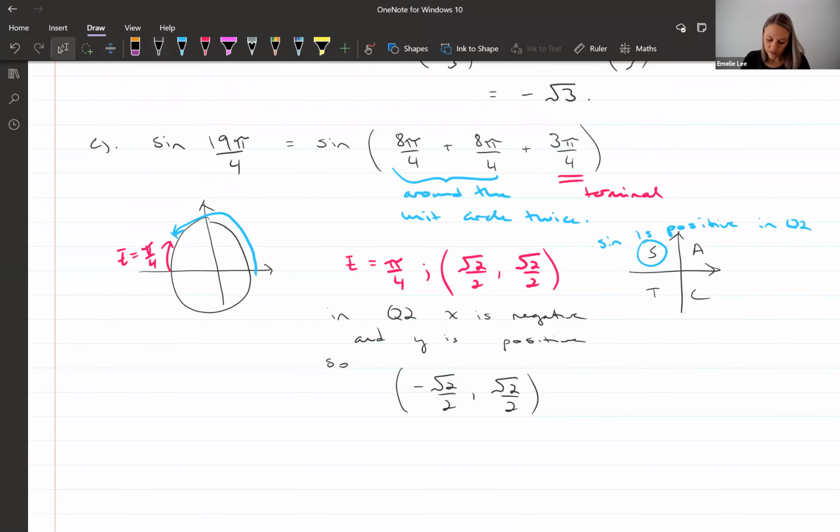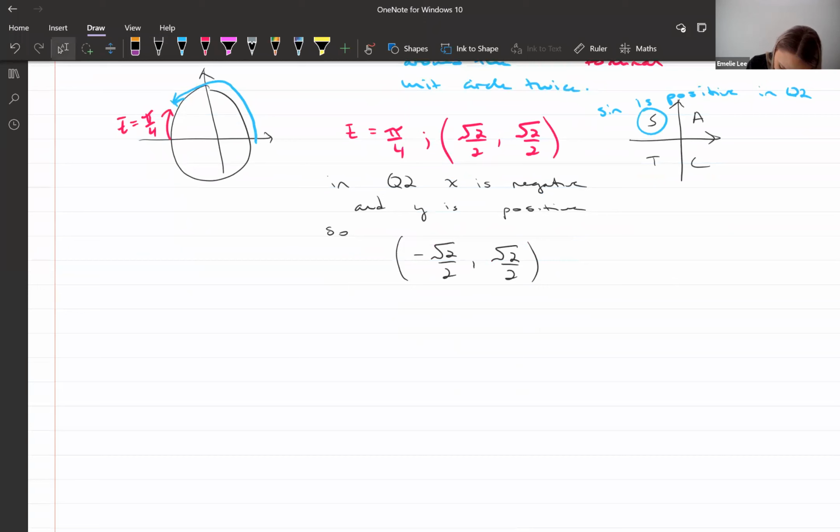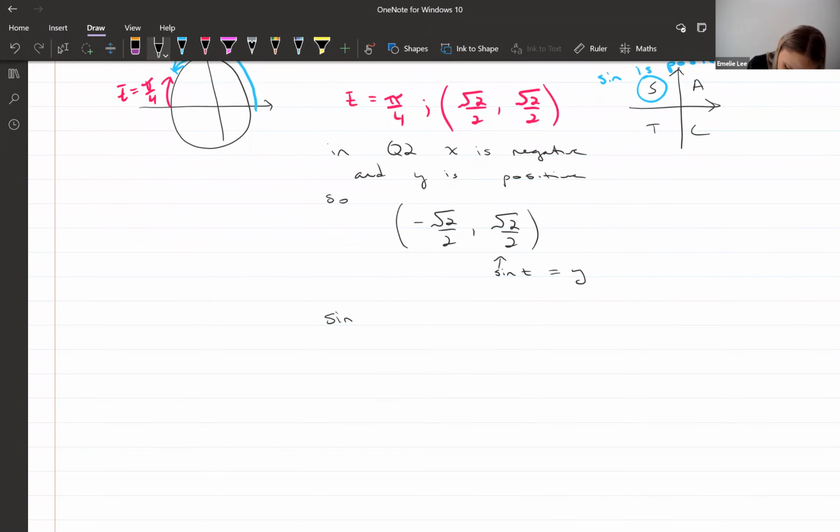So if I'm talking about the sine, sine is the y, right? Sine t is y, right? So what we're saying is that sine of 19 pi over 4 is going to be root 2 over 2, positive. So there are kind of two ways that you can get to that positive or negative.